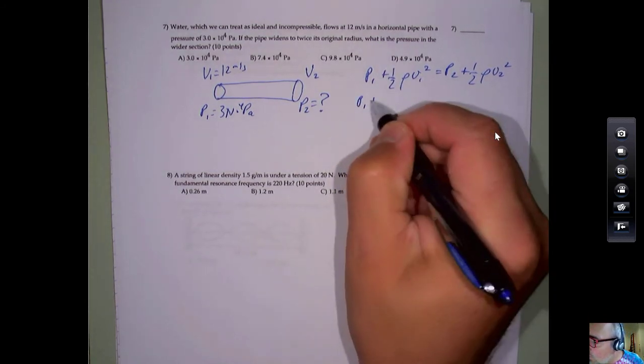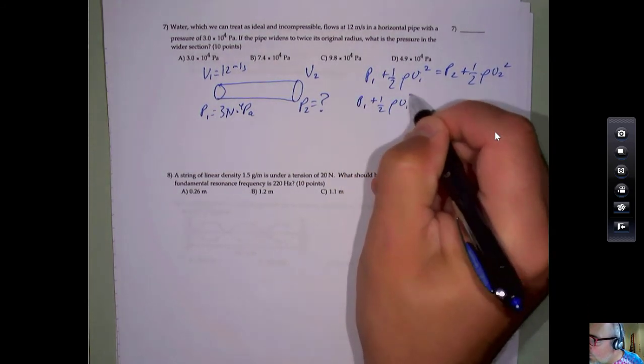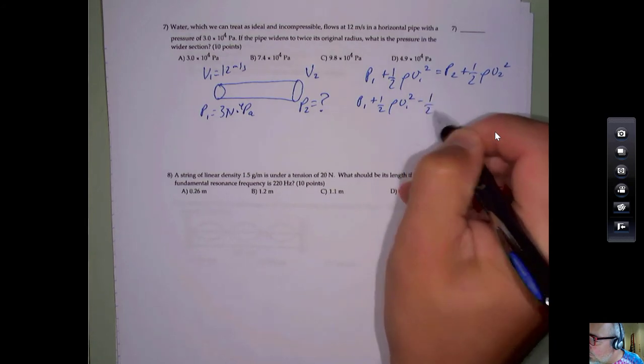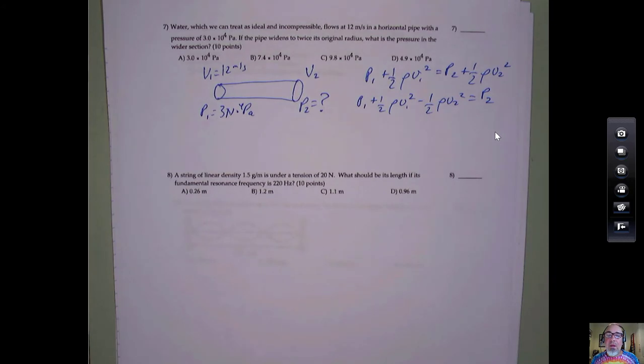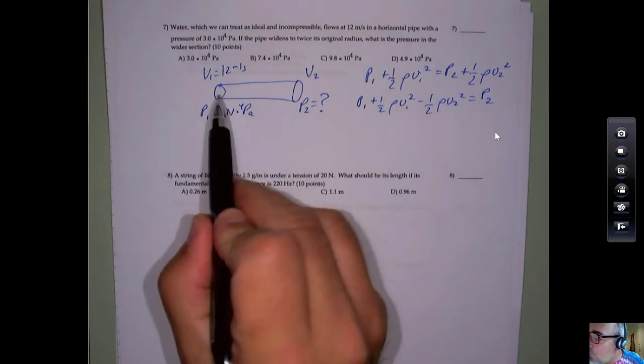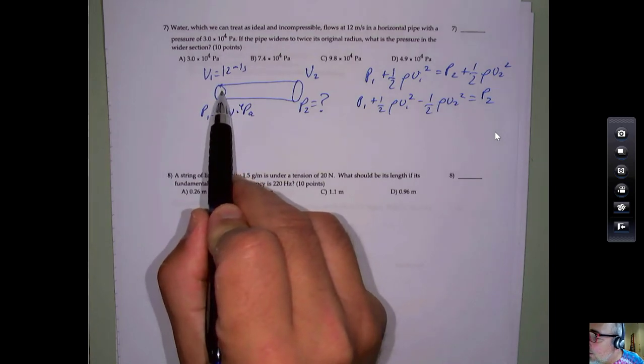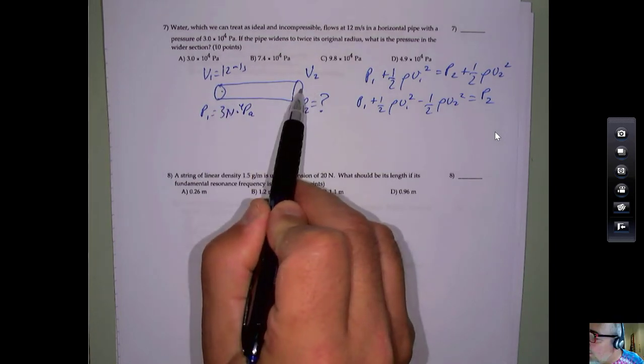P1 plus 1/2 rho V1 squared minus 1/2 rho V2 squared is equal to P2. Okay, we don't have V2 yet, but we can get it. So the pipe goes from this size to twice its original size.